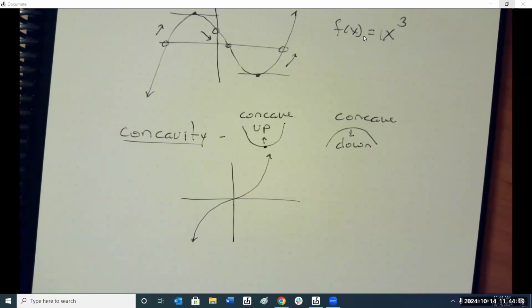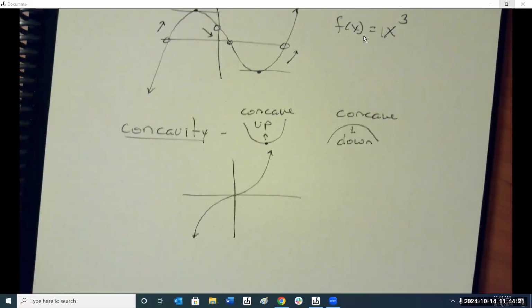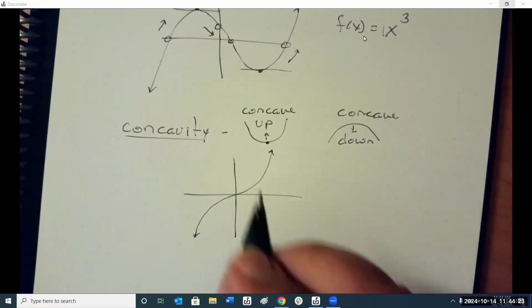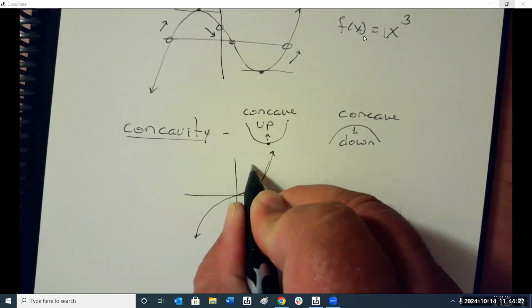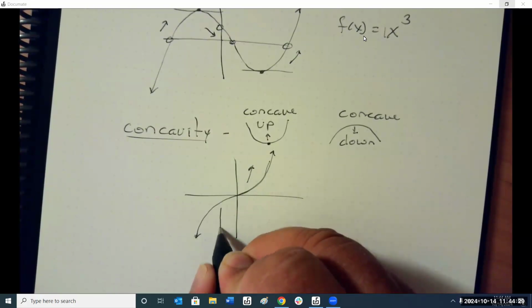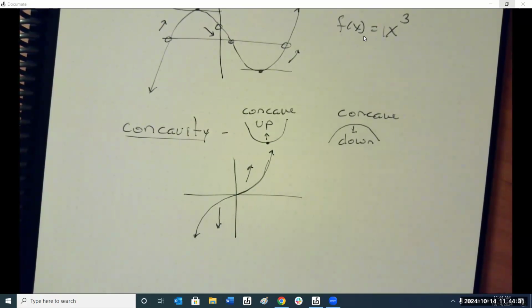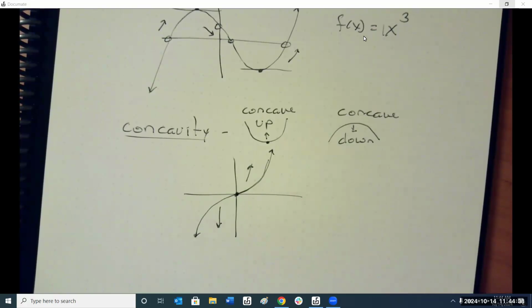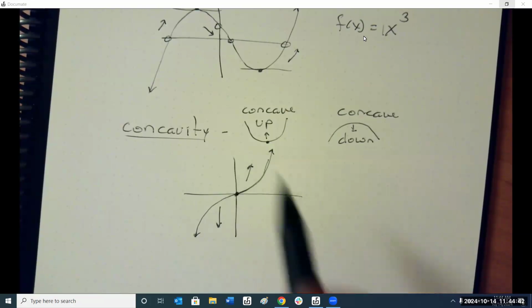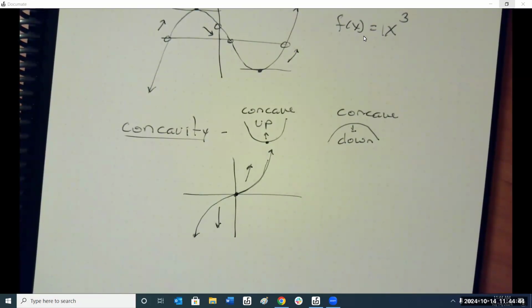Well, what is that going to look like? This part here is concave up, but this part here is concave down. There's a point somewhere between there where it stops being concave up and starts being concave down, or vice versa. That's the point where it changes concavity.